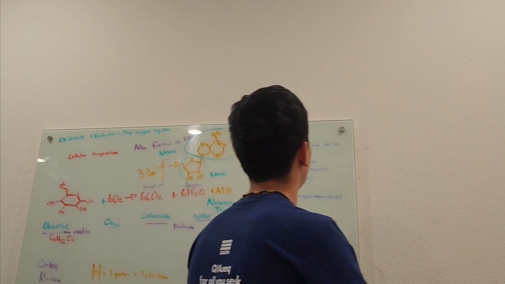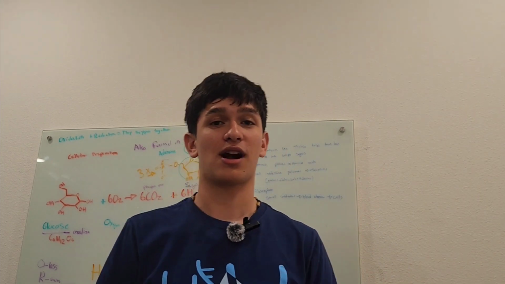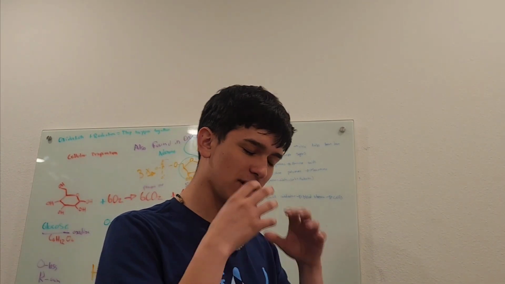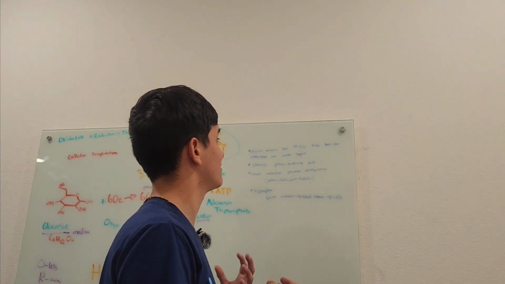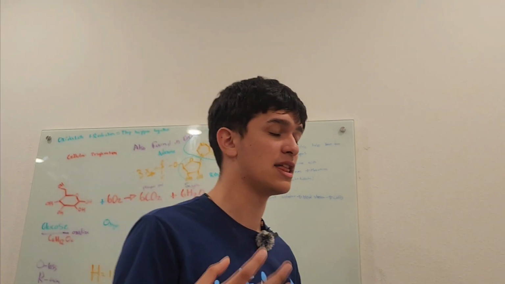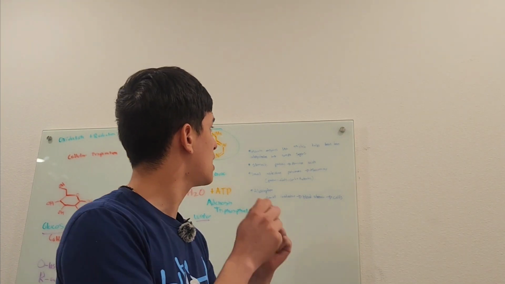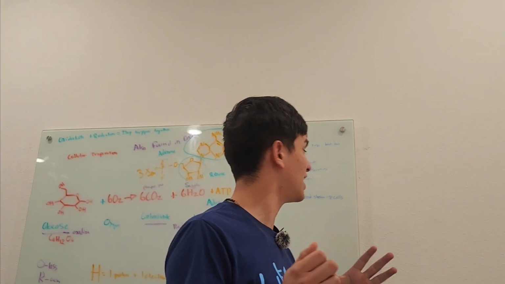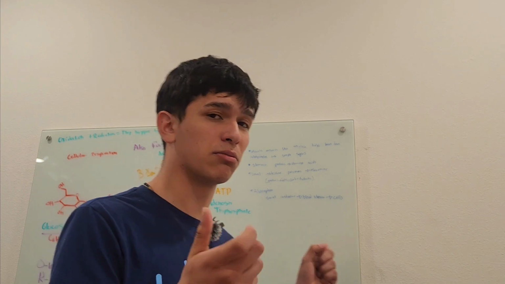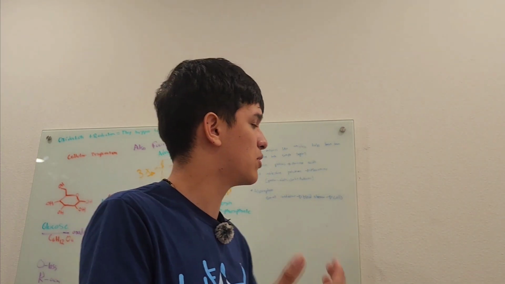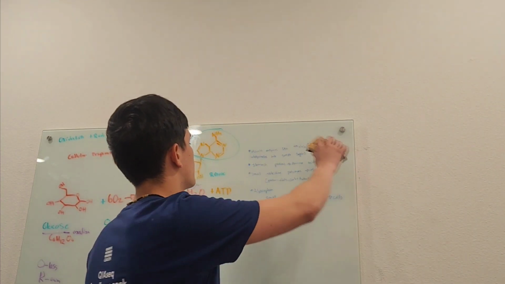After salivating, you're eating the food, and you have enzymes in your saliva that will help you break down the food into smaller pieces. The carbohydrates, a polymer, will break down into a monomer like a sugar.